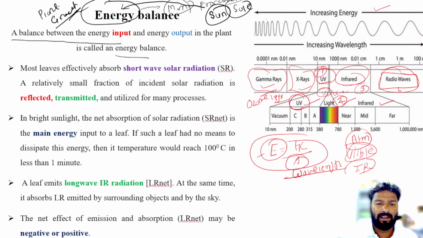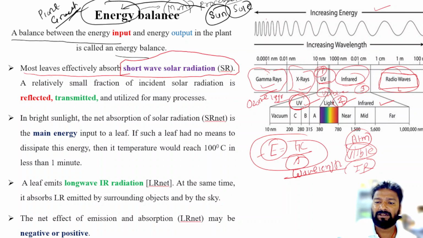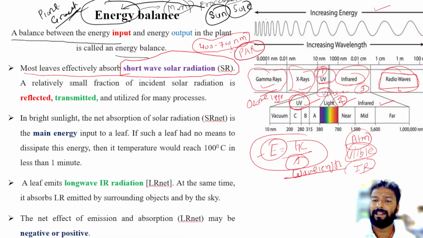Plants mostly effectively absorb the short wave solar radiation, mainly 400 to 700 nanometer, which is important for plant growth. That is also known as photosynthetically active radiation, PAR.